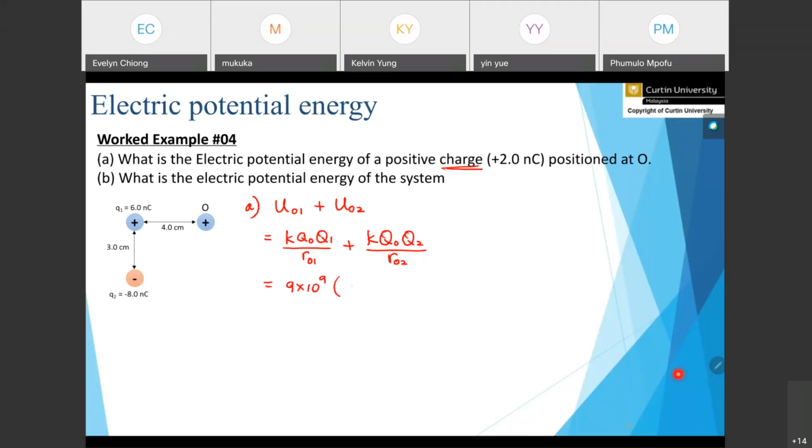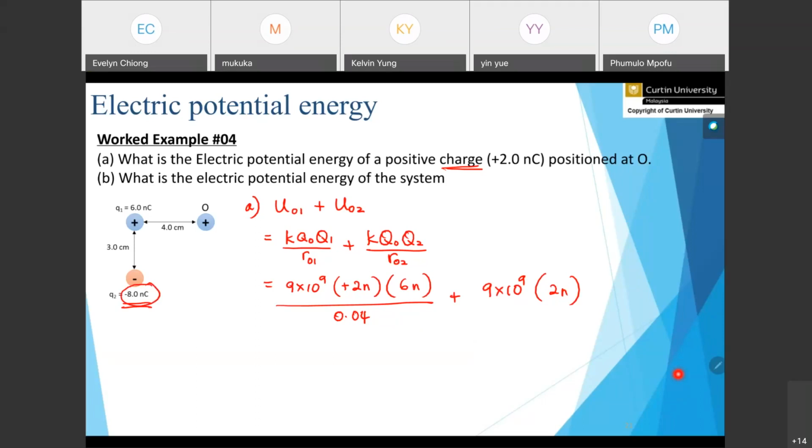K is this one. QO is positive, 2 nano. Q1 is also positive, 6 nano, and the distance is 0.04. How about the other one? 9, and this one is 2 nano. But then you look at Q2.